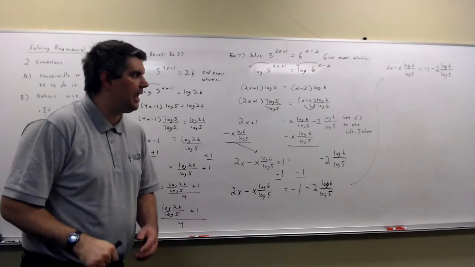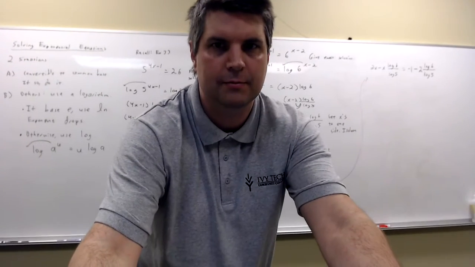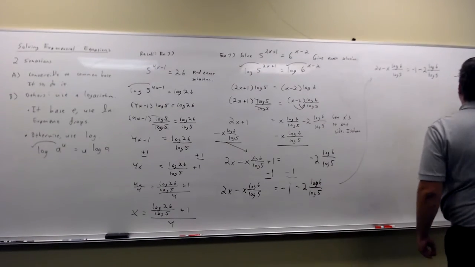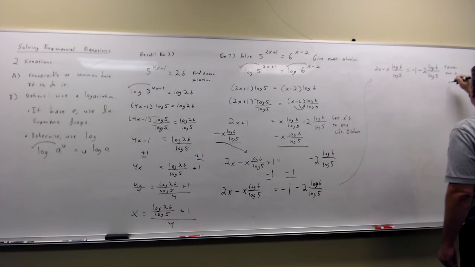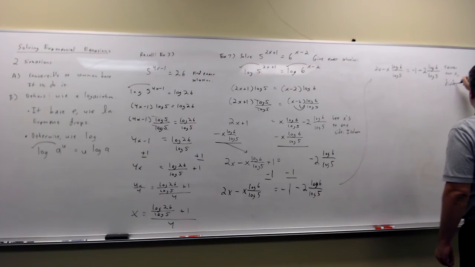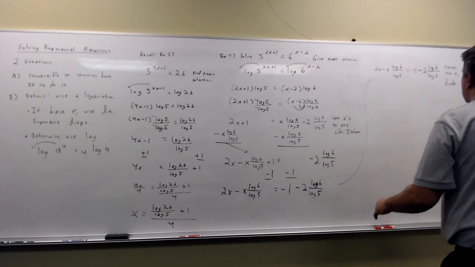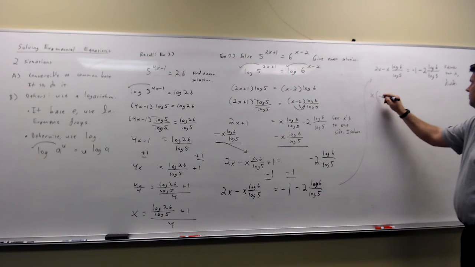I want to make sure that it all fits on camera. It does. Okay, good. Now, what I'm going to have to do next is factor out x and divide. Okay, so that's the next step. Factor out the x and divide. So these two have an x in them. I will take it out.